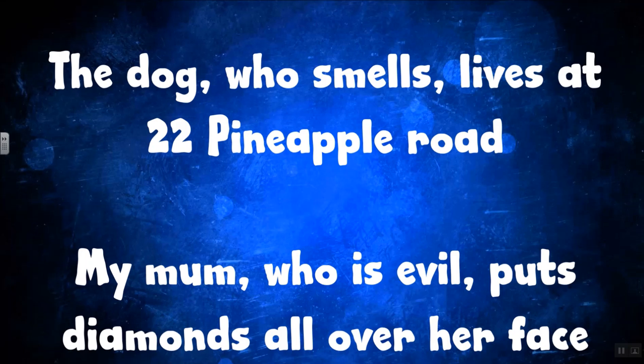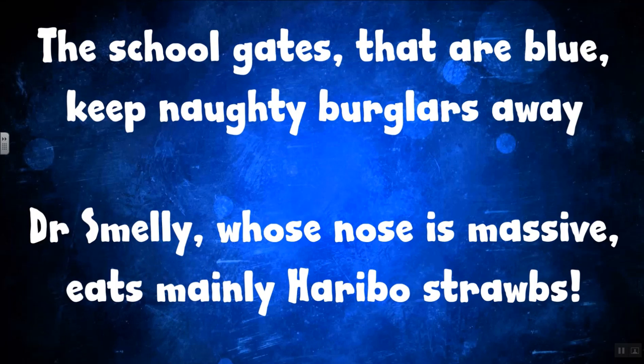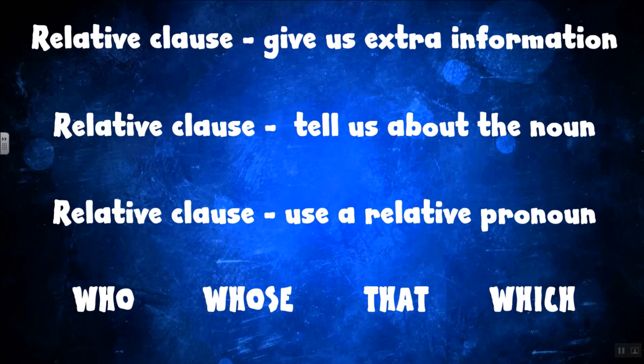My mum, who is evil, puts diamonds all over her face. The school gates that are blue keep naughty burglars away. Dr. Smelly, whose nose is massive, eats mainly Haribo straws.